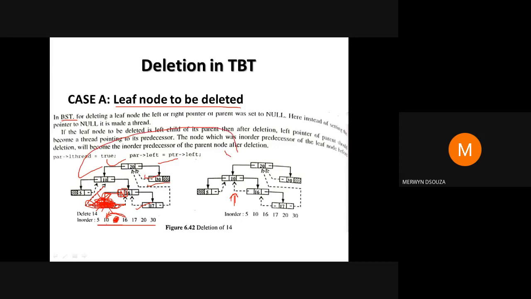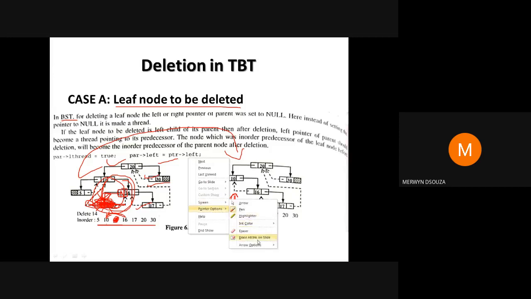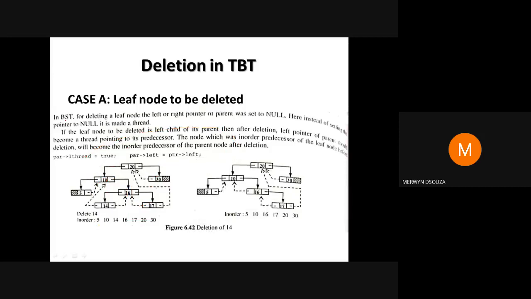Just copy them from here to here. And you have to make this change here: left side of 16, put a dotted arrow to 10. Okay, so this is for case A. I am repeating, it is similar to binary search tree. In a binary search tree you would have made the pointer null after deletion, but here we make it a thread.